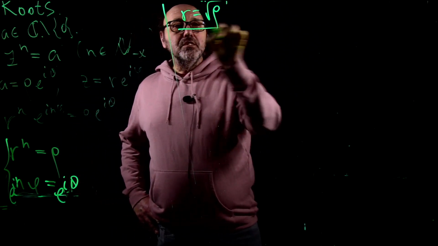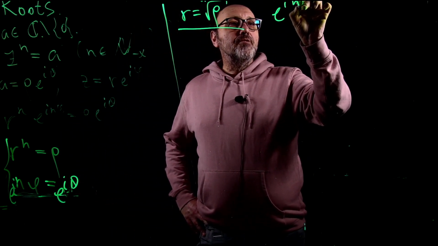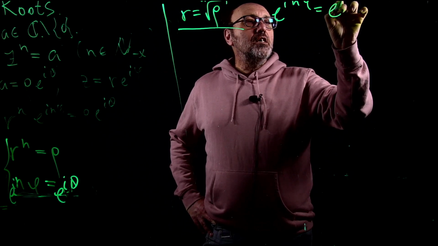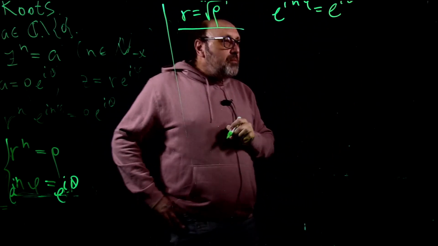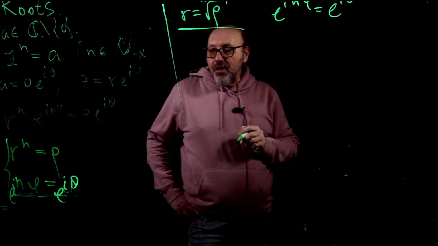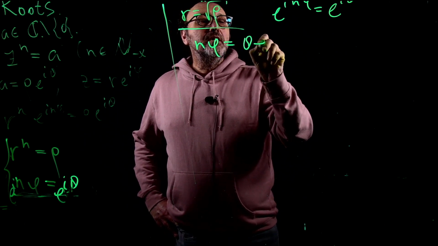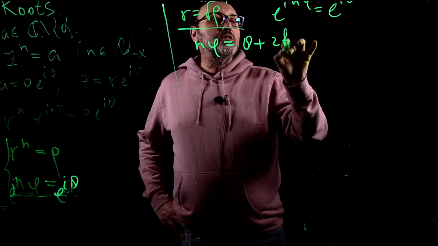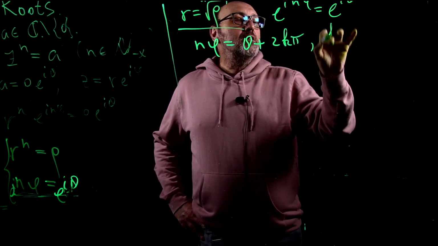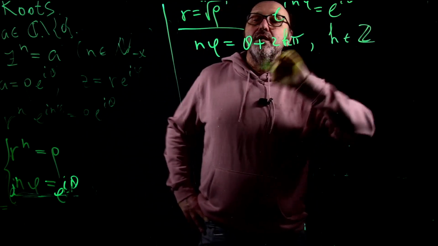And now if we consider this equation, exponential of i n phi is equal to exponential of i theta, this does not mean that n phi is equal to theta. This means only that n phi is equal to theta plus 2 k pi with integer k.